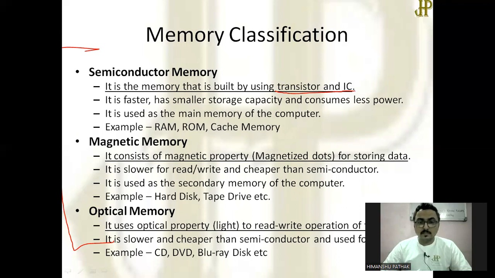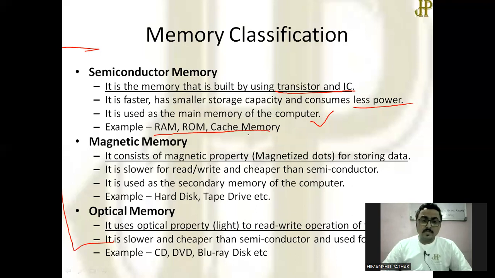It is faster and has smaller storage capacity. Thus, it consumes less power. It is basically used in main memory, such as RAM, ROM, or cache memory. Okay.